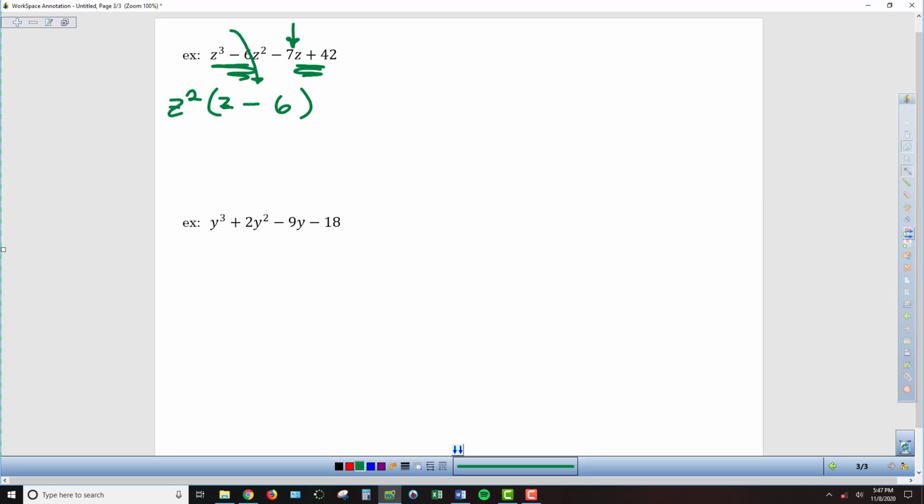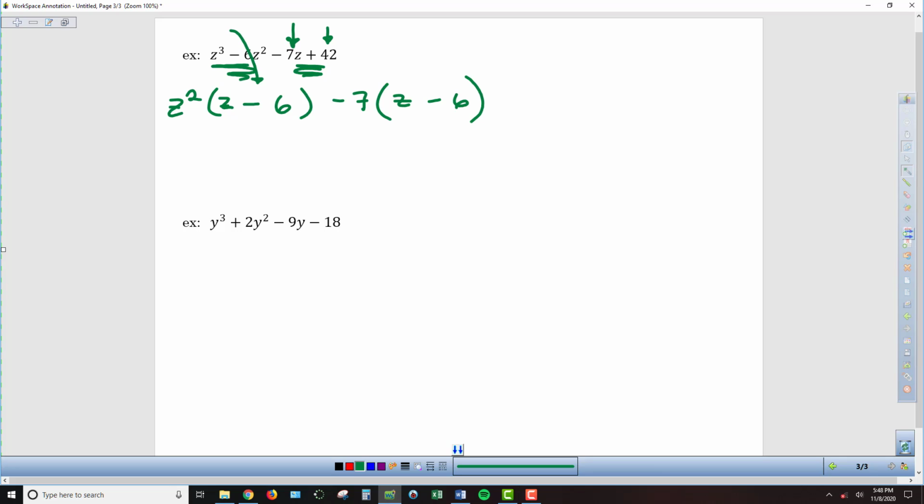So when I look here at this negative 7z plus 42, I'm going to undistribute not just a 7, but I'm going to undistribute a negative 7. Because if I undistribute a negative 7 from both these pieces, negative 7 times a positive z is going to get me back to this negative 7z. And then negative 7 times negative 6 will get me back to positive 42.